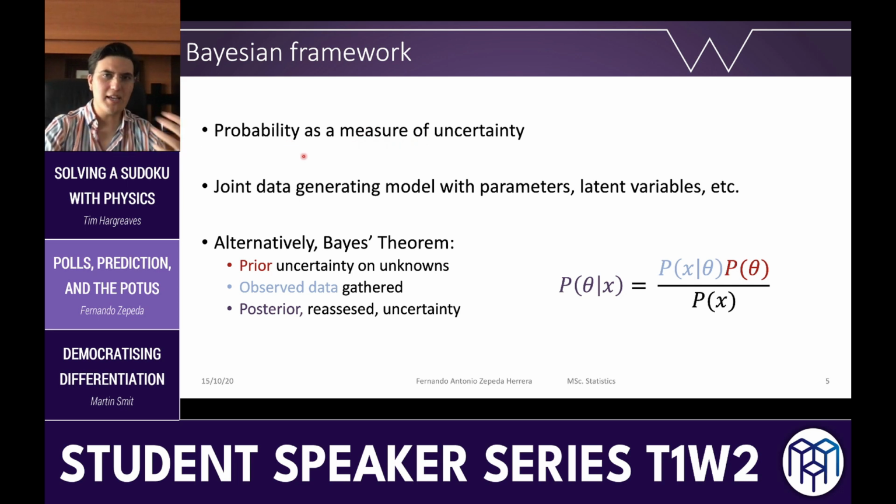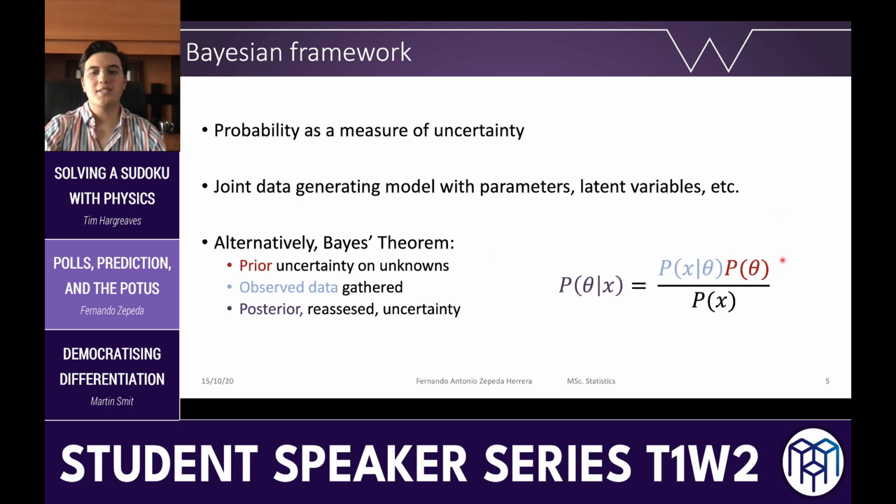And within the Bayesian framework, what we usually do is we propose a data generating model, how our data will come about. And we include parameters, latent variables, a lot of different statistical constructs that allow us to propose this history. And then we usually, in practice, end up applying Bayes' theorem, which has a really nice interpretation.